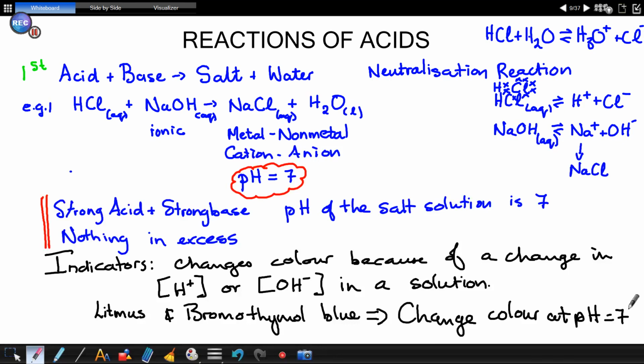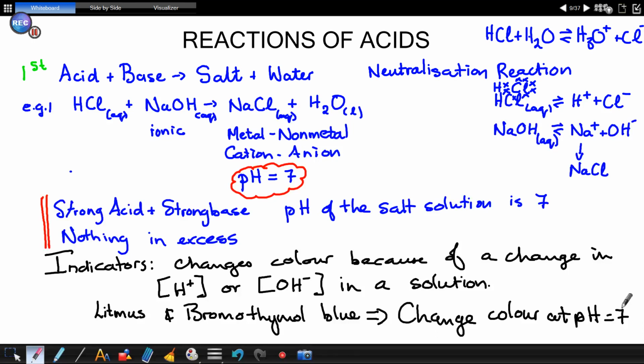They do not use universal indicator in a reaction like this because turquoise and green confuse our eyes. So they will use an indicator that has one color at a pH less than 7 and another color at a pH higher than 7, with no possibility of mixtures.